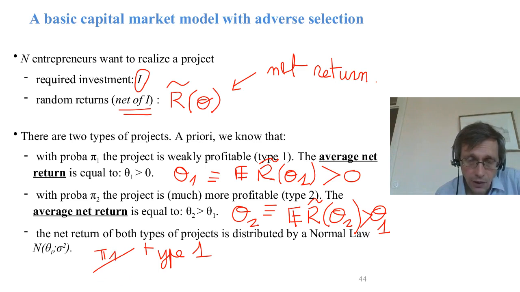It also corresponds to the proportion in the economy of type 1 projects. And for a type 2 project, the probability is equal to pi 2, which of course corresponds to 1 minus pi 1.